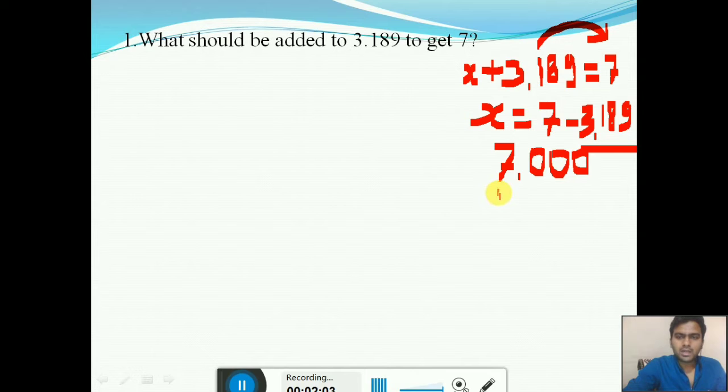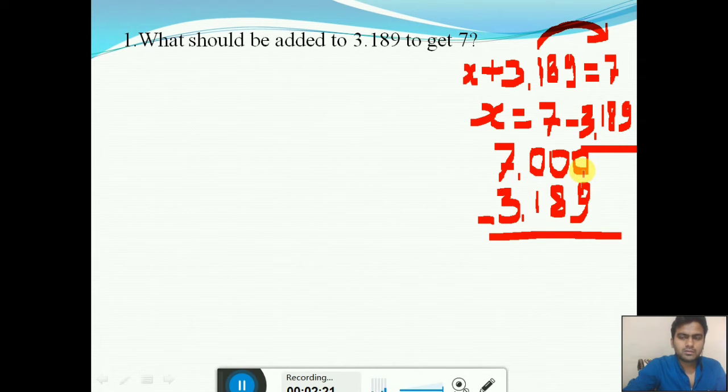Now we will write our second number, that is 3.189. Okay, now we can easily subtract these two numbers.